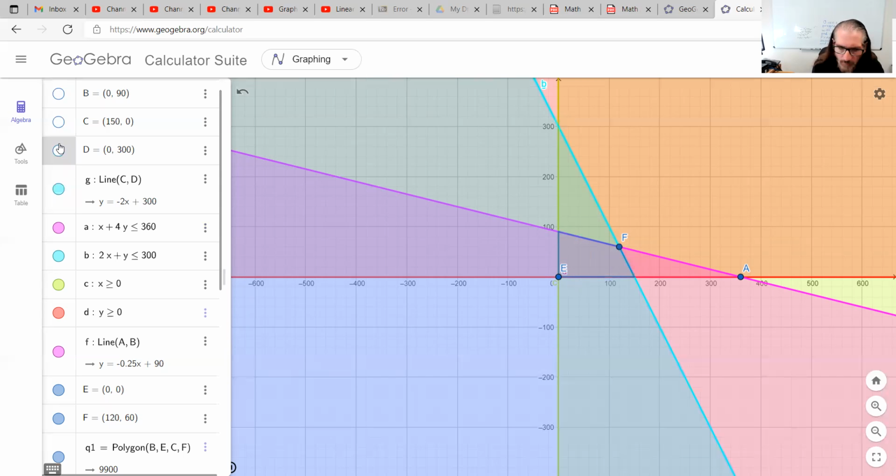Well, let's get, we don't need to see that y-intercept anymore because that's not on the polygon, but we do need to see that and that. All right, let's see what else can I hide here.